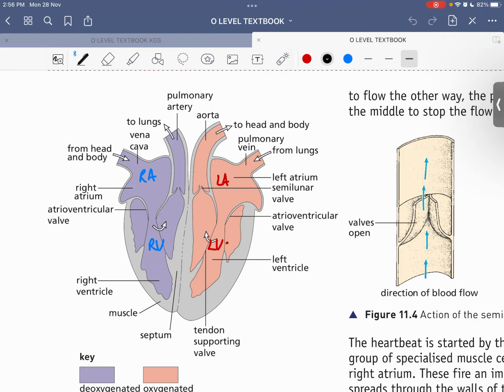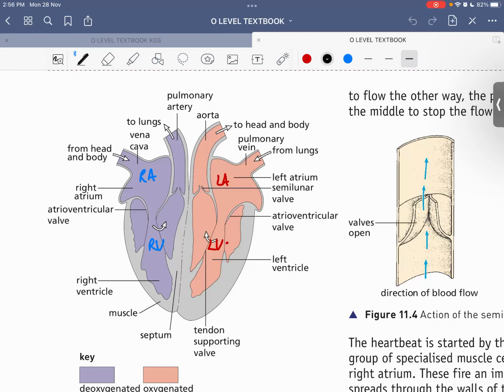Now use your logic, use your scientific method to think. Should the vena cava bring impure blood from the entire body, or pure blood from the entire body? Impure blood from the entire body.